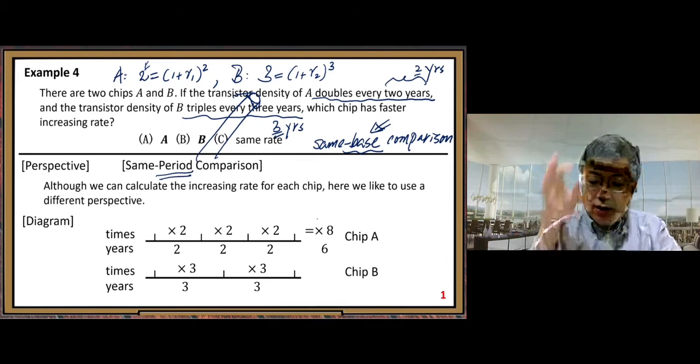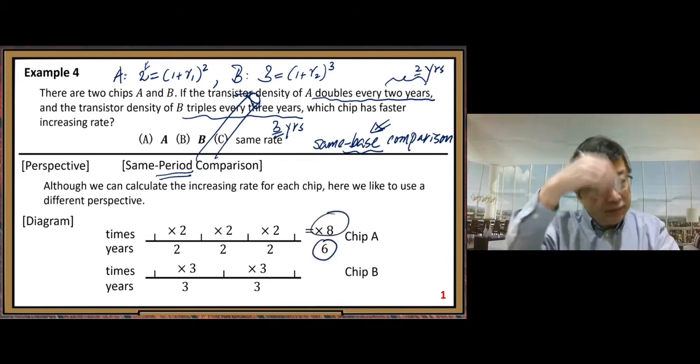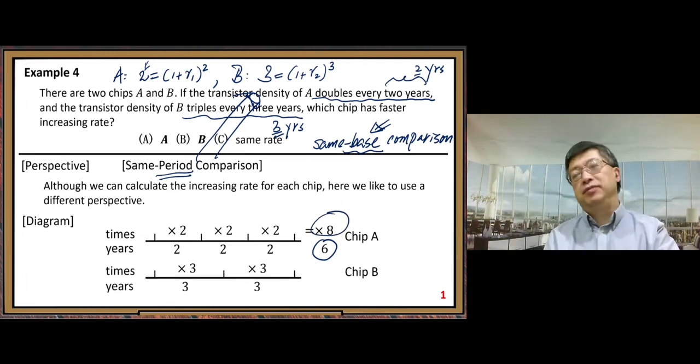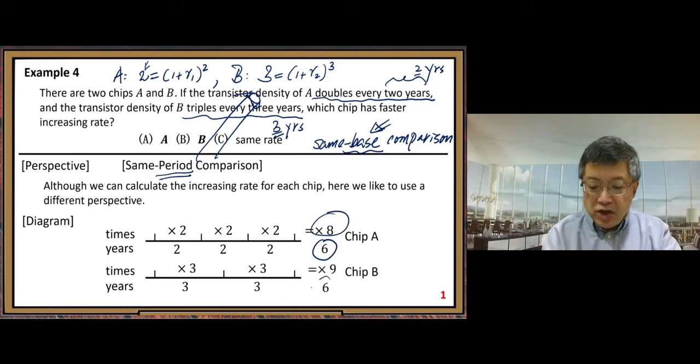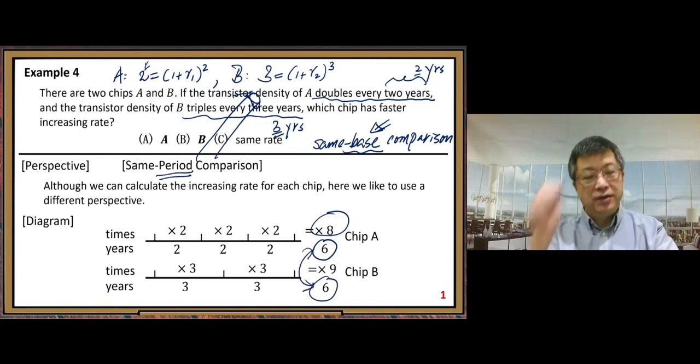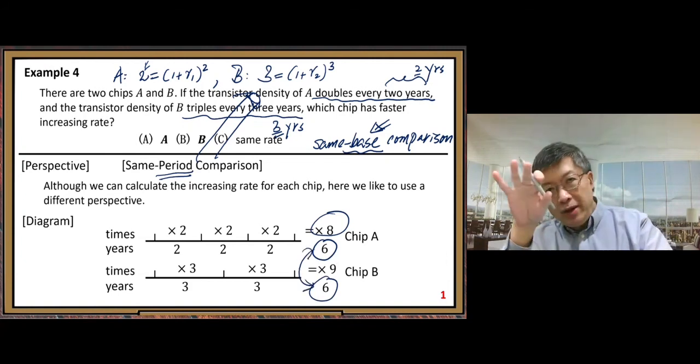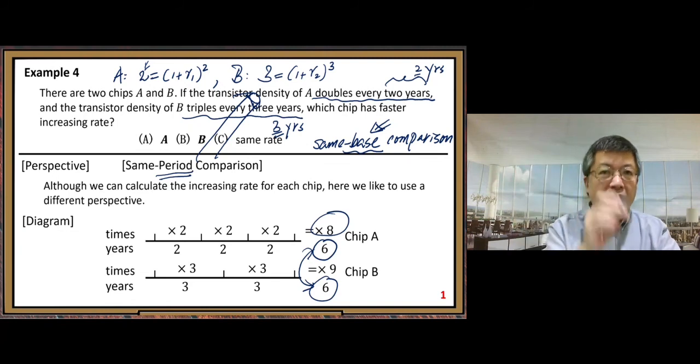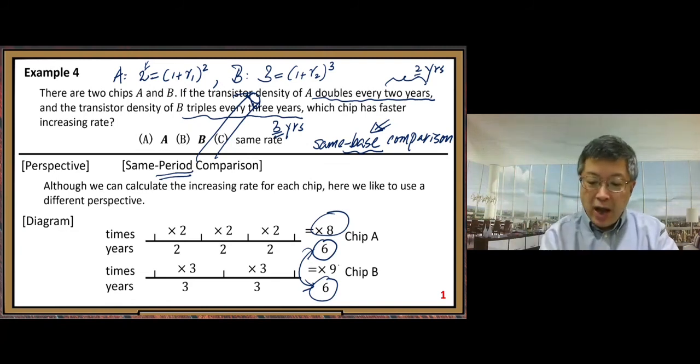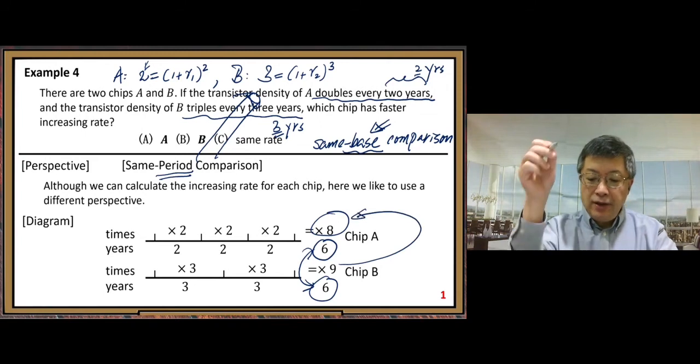Chip A is 8 times. Chip B, in the same period, is what we call same period comparison. The period is 6 years. In that same 6-year period, chip B is 3 times 3, 9 times. 9 is greater than 8.